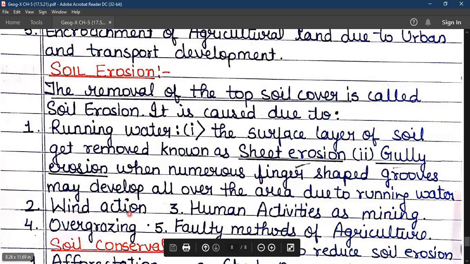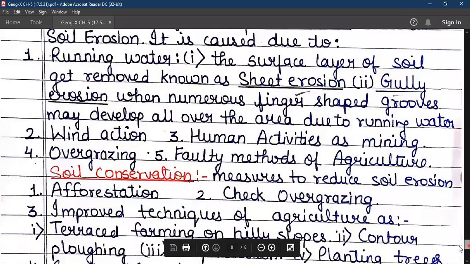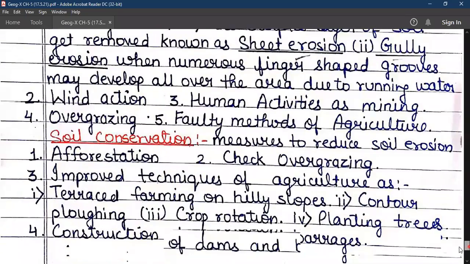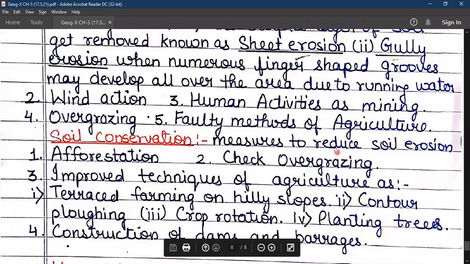Second is wind action. Third, human activities such as mining. Number 4, overgrazing. And number 5, faulty methods of agriculture. Now, conservation of soil is being done.